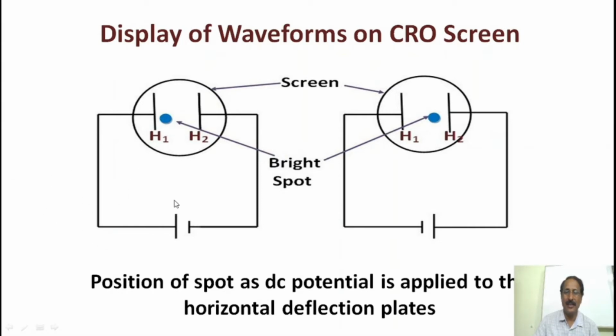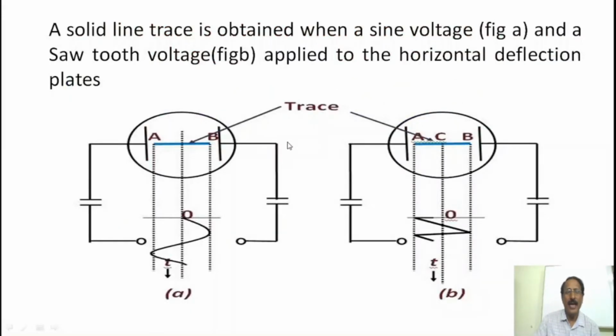So this is the display of the waveform on the CRO screen when DC is applied to the horizontal deflection plates. So now we can see when AC voltage is applied to these plates. When sinusoidal AC voltage is applied to horizontal deflection plates, the spot also moves to the left and right.